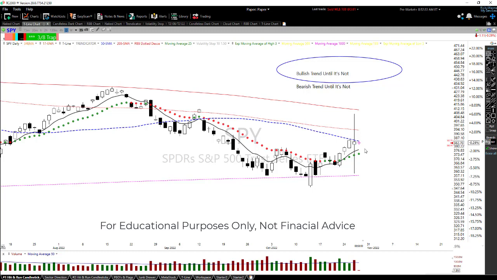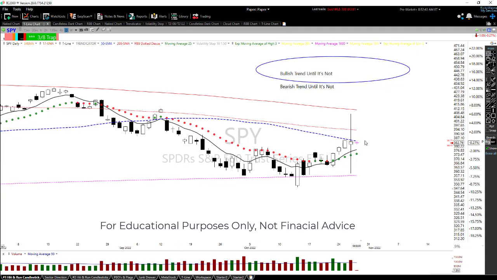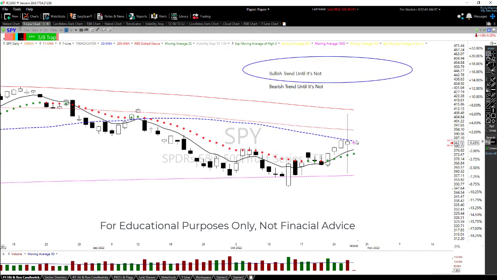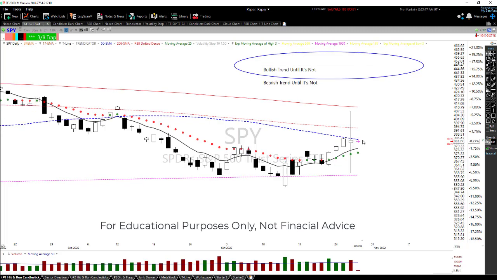We all know that the overall trend is still down. The bears still control us for the most part. Bulls are trying to step up a little bit. Here they're running up against the 50-period moving average. So it's really simple to analyze this. Take the guesswork out of it.